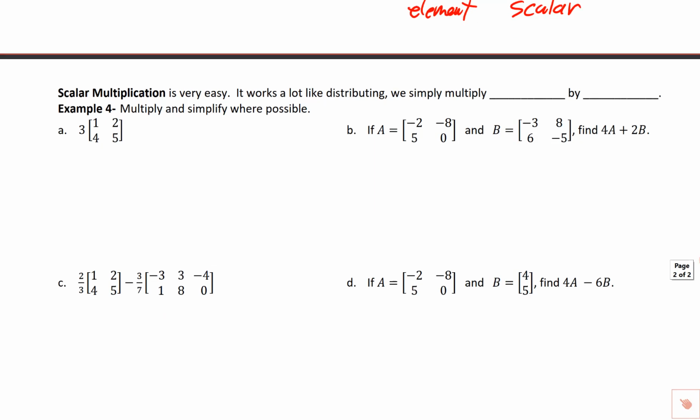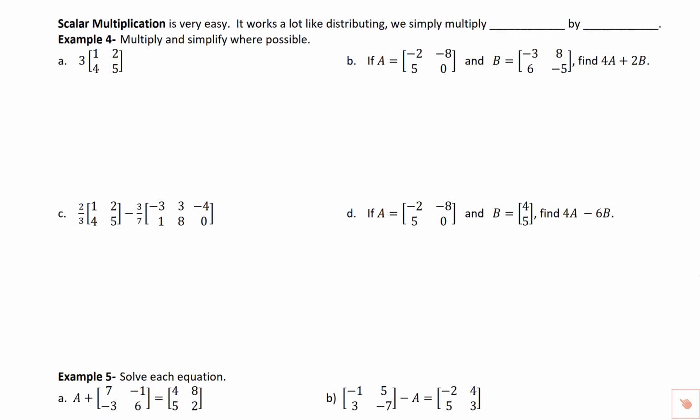So let's flip the page over and take a look at these, and let's talk about scalar multiplication. Scalar multiplication is pretty cool because it's very easy. It works a lot like distributing. All we do is multiply element by element. If we're going to multiply this 3 on the outside, this scalar, with this matrix, we basically distribute that 3 through to all of those.